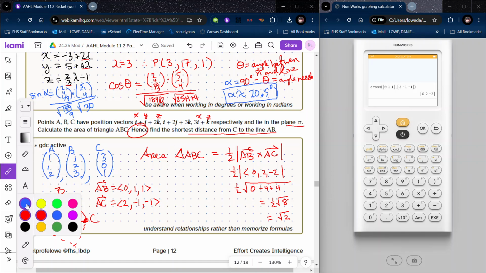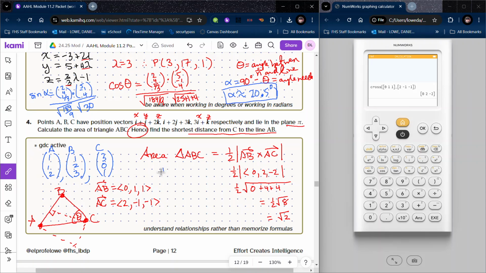We have another formula for the area of our triangle: 1/2 the length of AB times my distance from C to AB, that shortest distance. That has to be square root of 2 because the area of the triangle is the square root of 2.